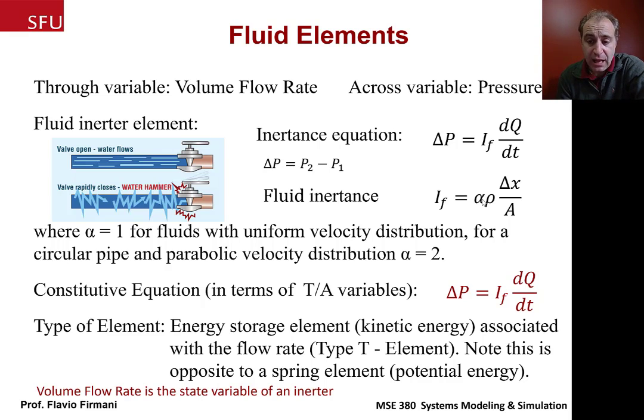So in that case, alpha is going to be equal to 2. Then we have rho, which is the density of the fluid, delta x, which is the length of the pipe, and A, which is the cross-section area of the pipe.